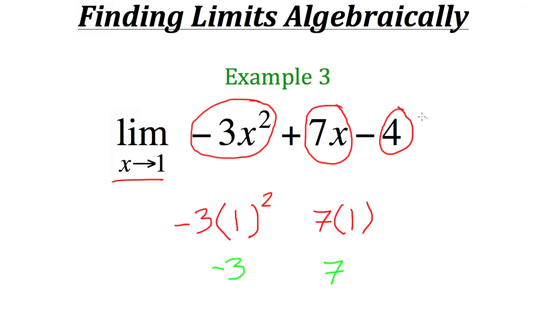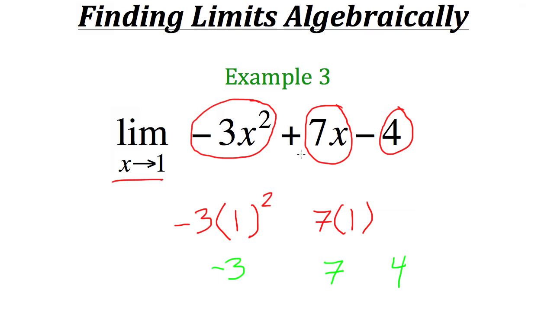Now we just need to find the limit of this constant as x approaches 1. Well, if you remember from our first example, the limit of a constant as x approaches whatever value is just going to be the value of that constant. So the limit of 4 as x approaches 1 is 4. Now that we found the limits of each individual term, we need to combine each of the limits accordingly.